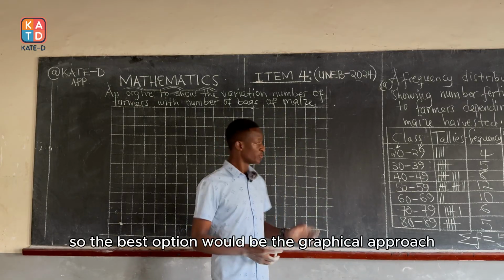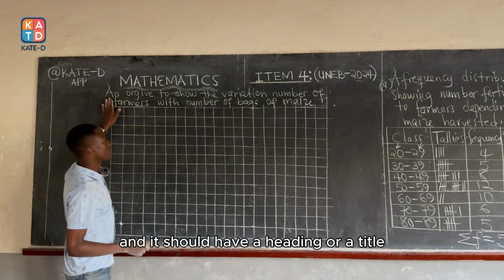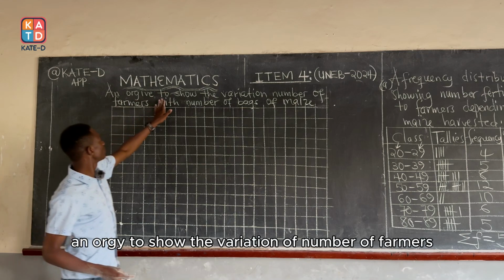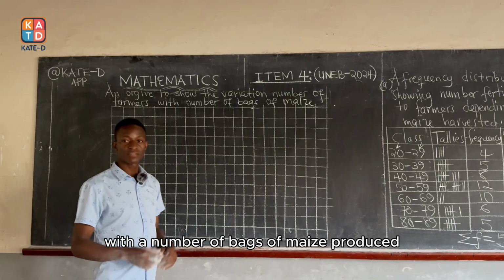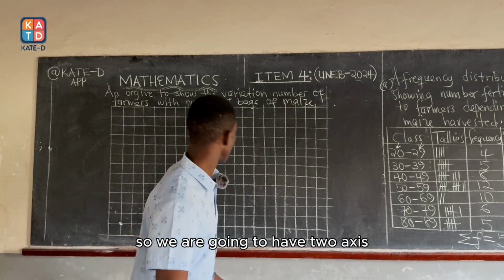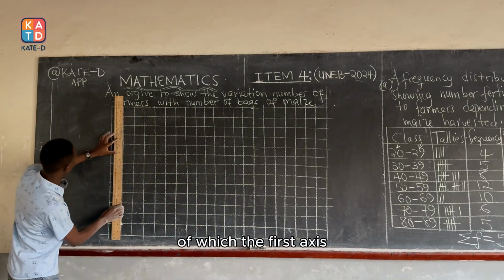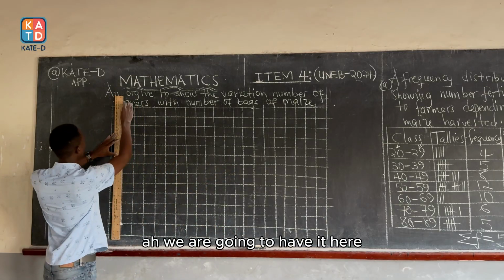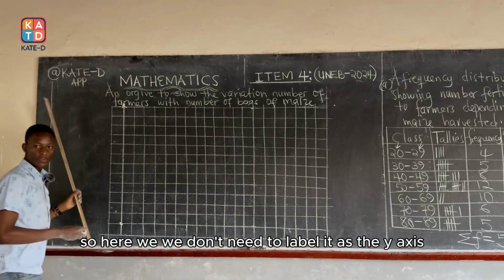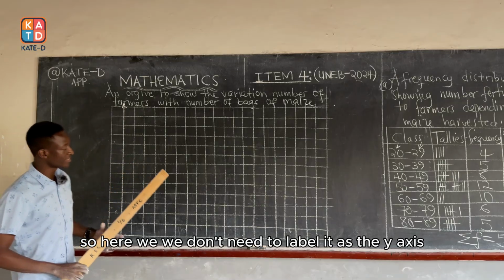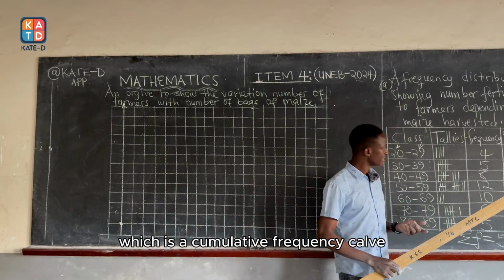So the best option would be the graphical approach, and it should have a heading or a title, an ogive to show the variation of number of farmers with the number of bags of maize produced. So we are going to have two axes. Here we don't need to label it as the y-axis, since we are looking at an ogive, which is a cumulative frequency curve.